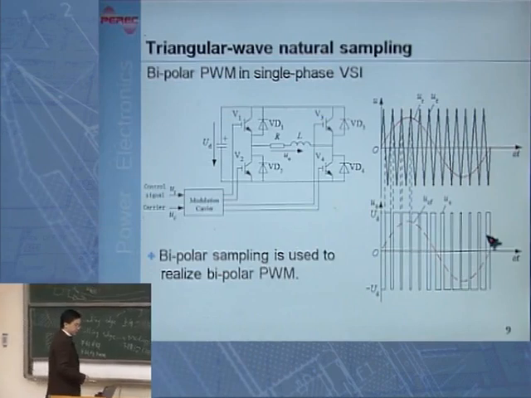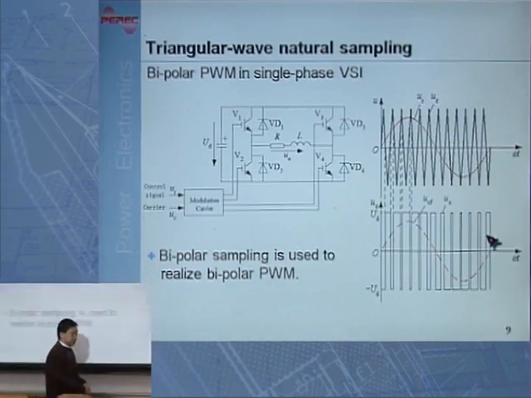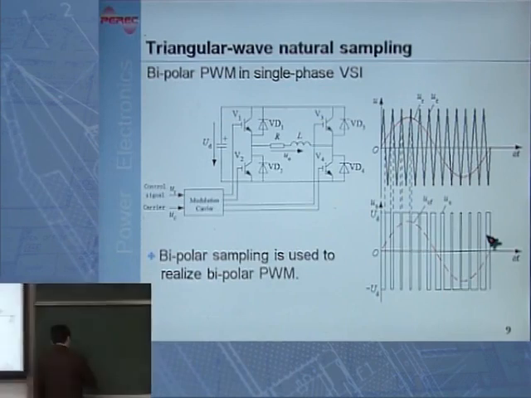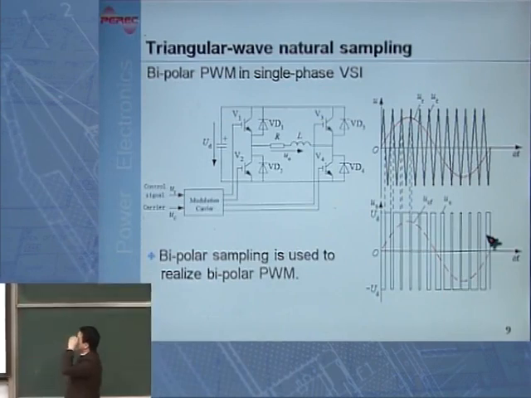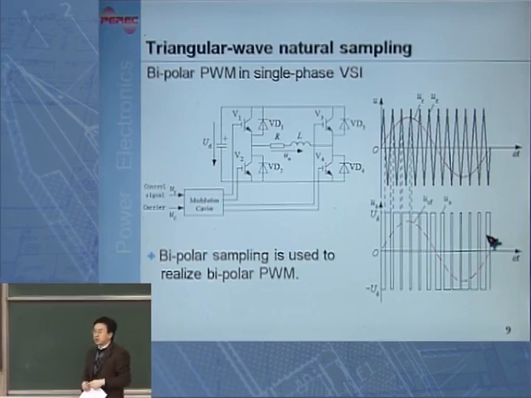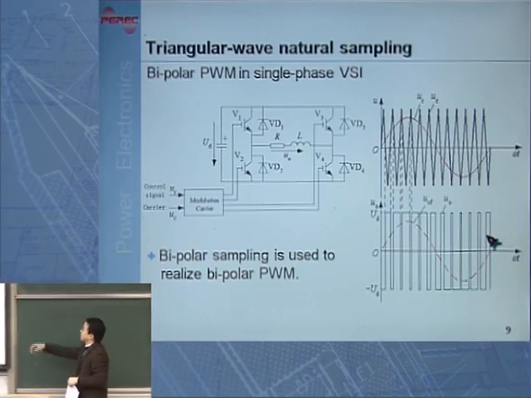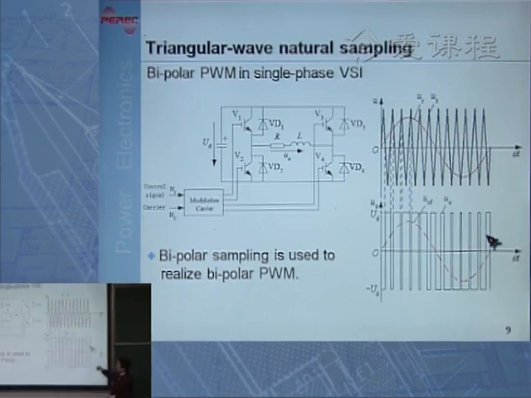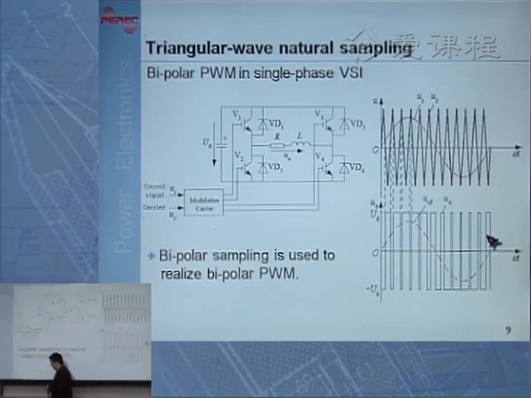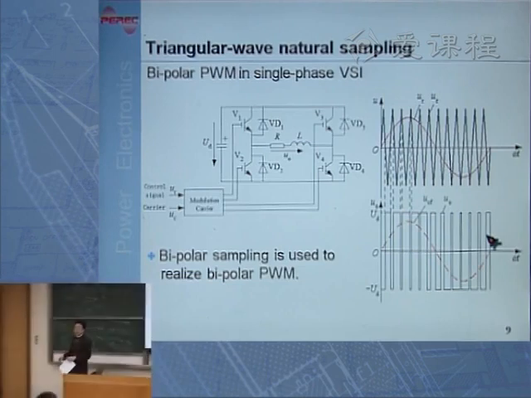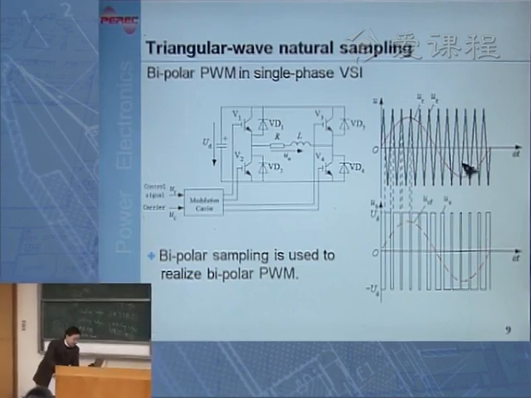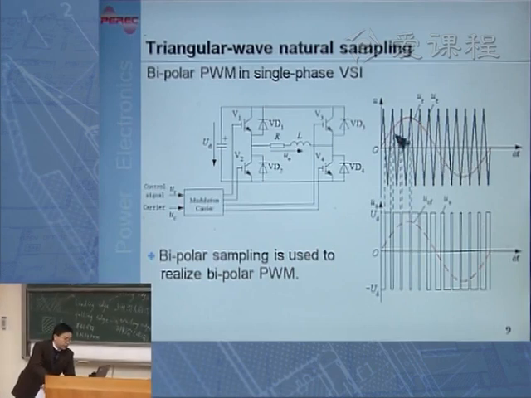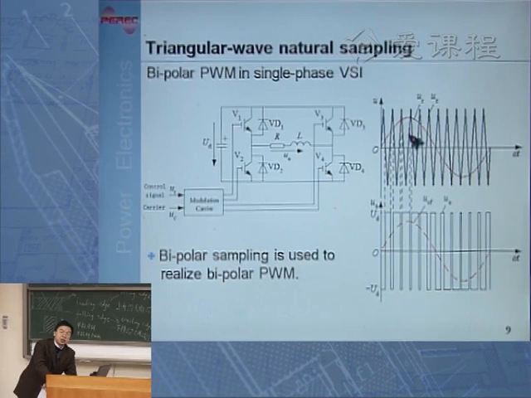And we can also figure out that we can generate another type of pulse width modulated output voltage. You can see in this page, on the upper right-hand side, this time I'm still trying to emulate this red line sine wave, but this time I'm not using a unipolar triangular wave.